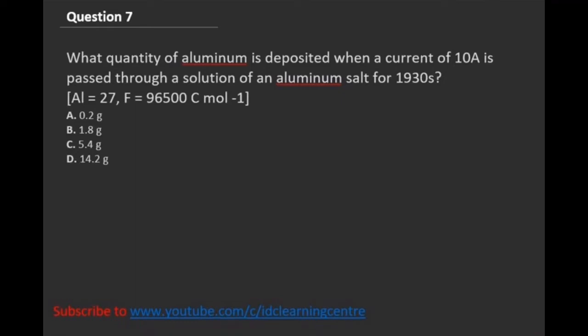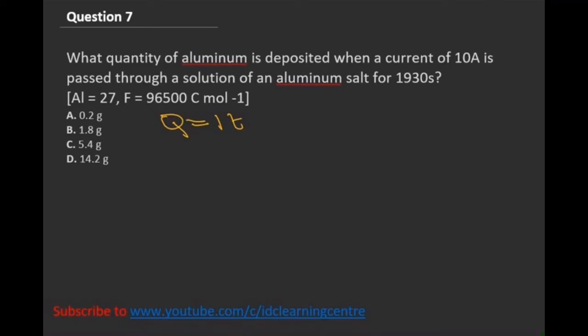So to solve this we'll be using Faraday's first law of electrolysis. So the formula for Faraday's first law of electrolysis is Q equals IT, where the Q stands for quantity of electricity in coulomb, I stands for ampere, and T stands for time.